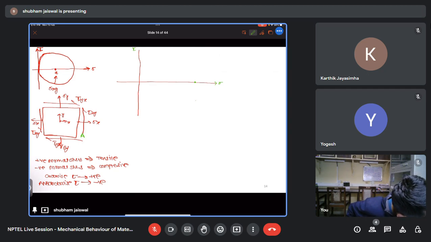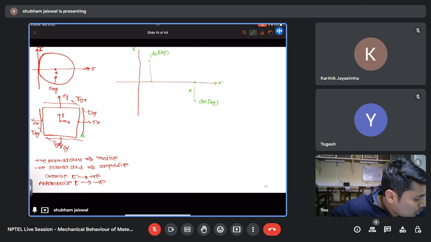So this is my sigma x comma tau xy. So this is for my plane A. Now for B, let's assume this is my sigma y and the shear stress is acting in the clockwise direction. So this is sigma y comma tau xy.